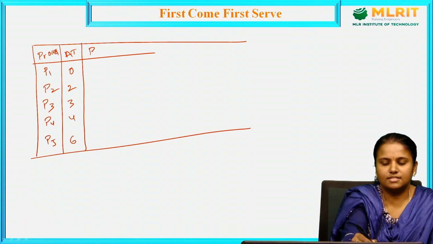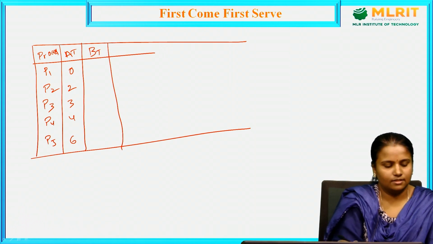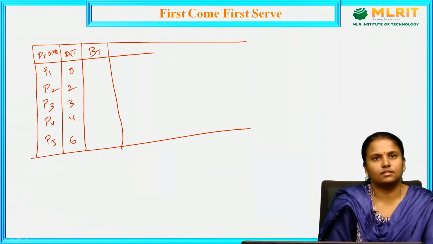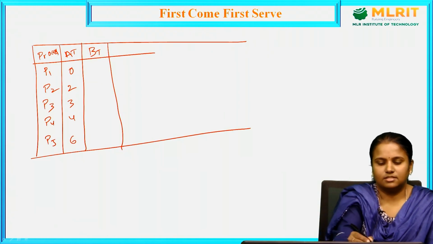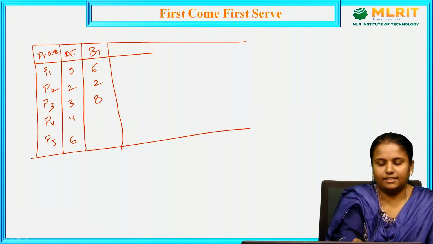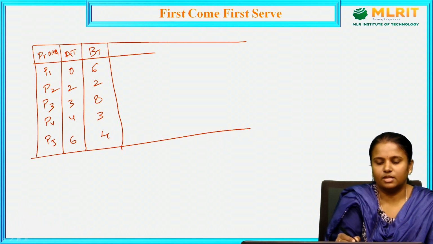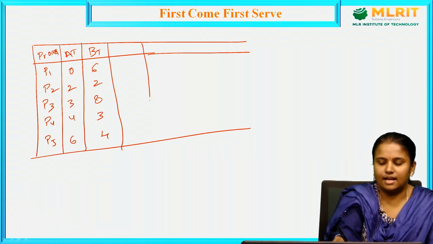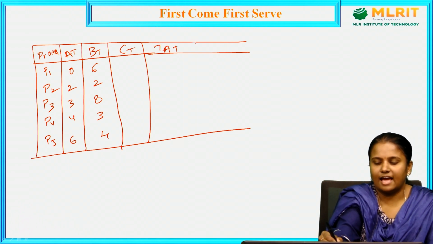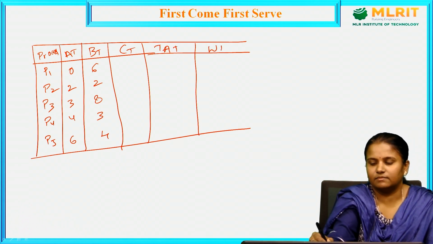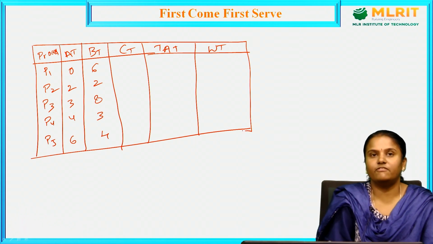What is the burst time? 6, 2, 8, 3, 4. Next we need to calculate the completion time, turnaround time and waiting time. So this is the problem we need to solve.